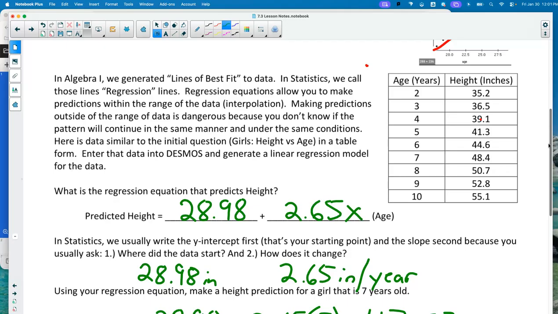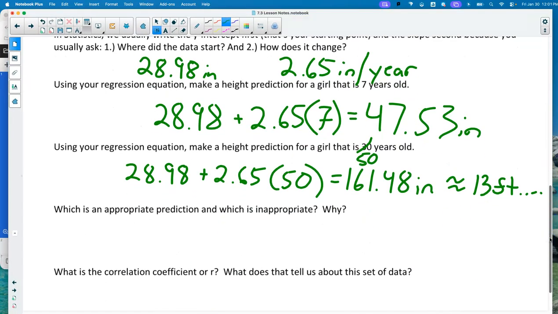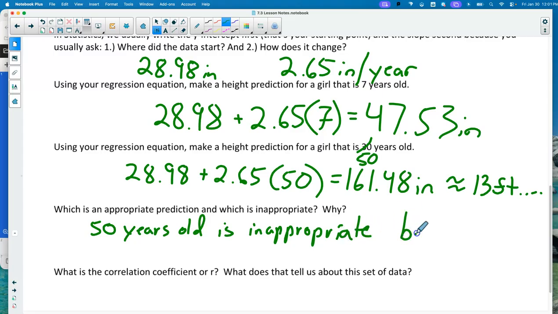So the question down below says which is an appropriate prediction and which is inappropriate. We're just going to answer the inappropriate one. So 50 years old would be inappropriate because it is too far outside of our data set.